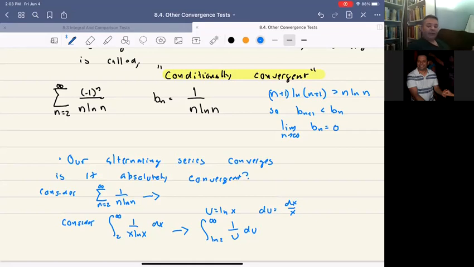But that's still going to be infinite, right? This is an infinite integral. You figure it out, right? But we know that's going to be infinite. So this is divergent. So the series in question is conditionally convergent. Convergent, but not absolutely convergent.